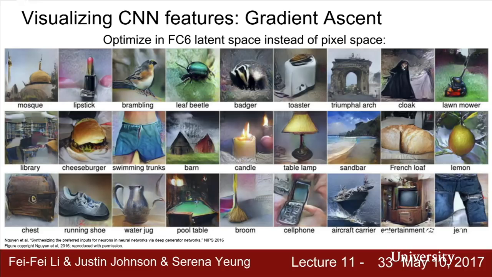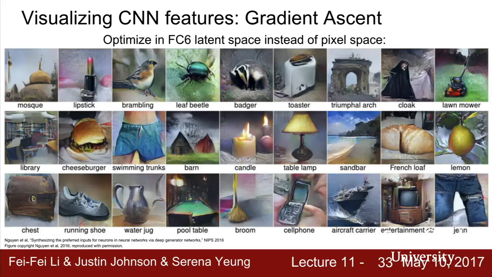And now I don't want to get too much into detail of the next slide, but you can even go crazier and add an even stronger image prior and generate some very beautiful images indeed. So these are all synthesized images that are trying to maximize the class score of some ImageNet class. But the general idea is that rather than directly optimizing the pixels of the input image, they're trying to optimize the FC6 representation of that image instead.